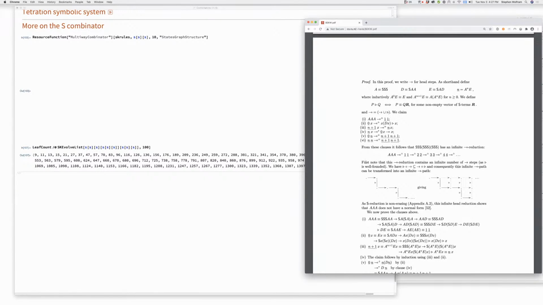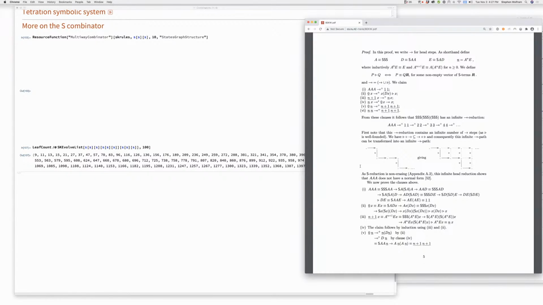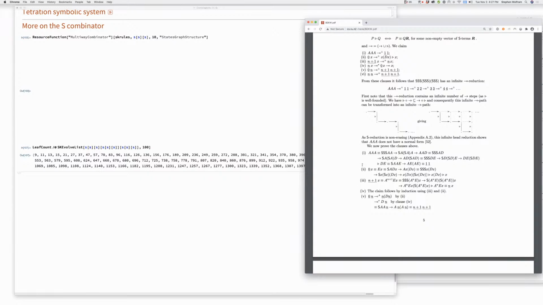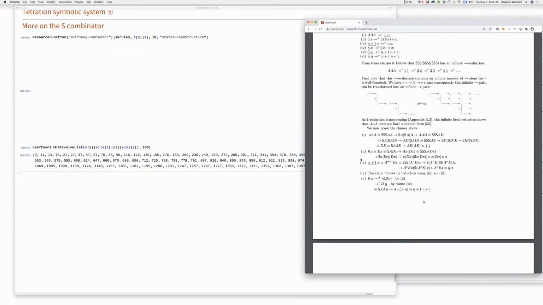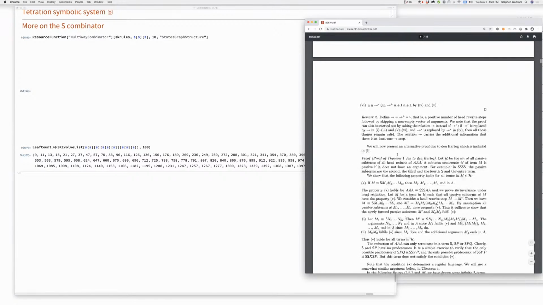So the claim is, what the heck is this? Contains an infinite number of steps, consequently infinite. So this is essentially an algebraic notation for this object. And this is saying that there's a way of representing the successive steps here as some algebraic form that we can then prove doesn't terminate.